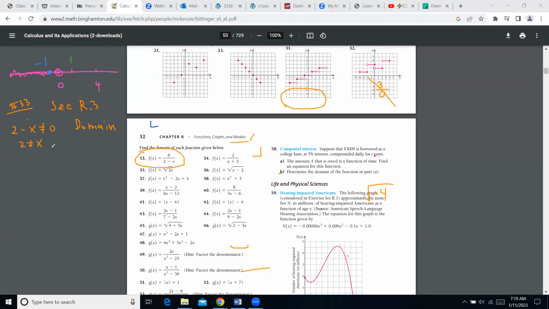I say, Alex, you have 2 is not equal to x. Well, it doesn't matter. If 2 is not x, then x is not 2. You can write it from left to right or right to left. It still means the same thing. It says x is not 2. So what does this actually stand for? Point 2 is out and everything else is in.